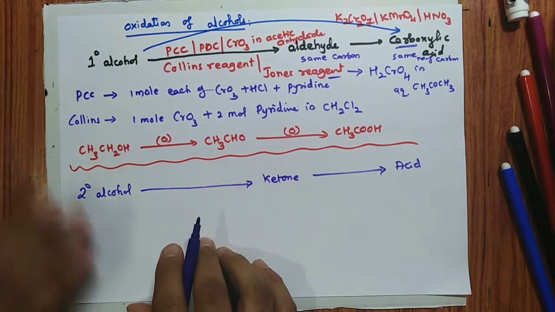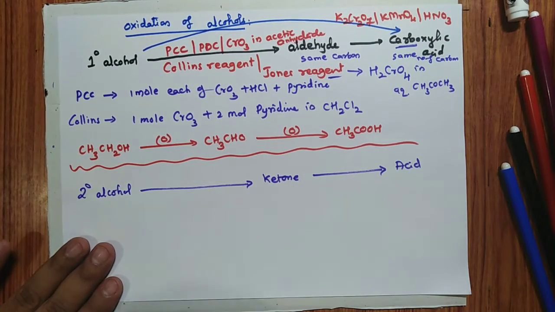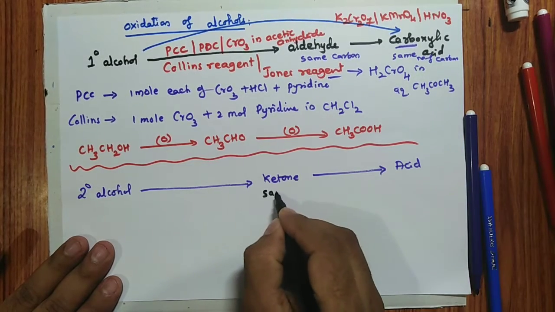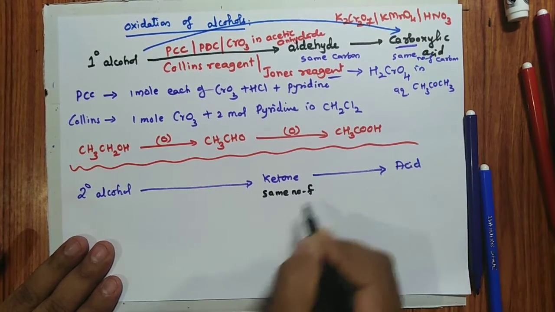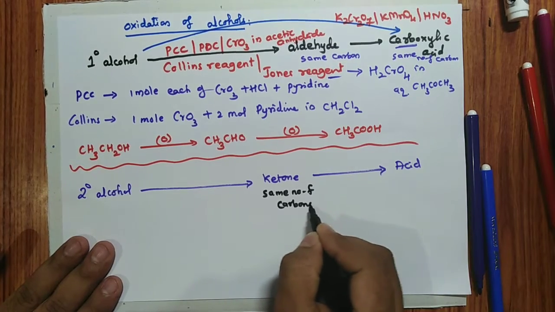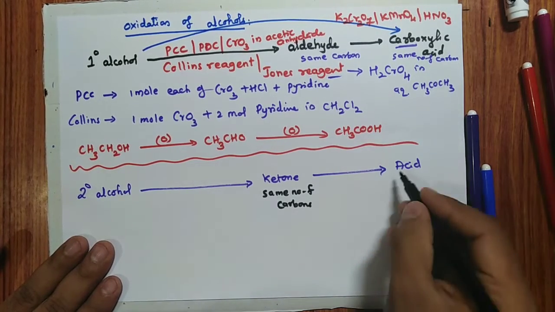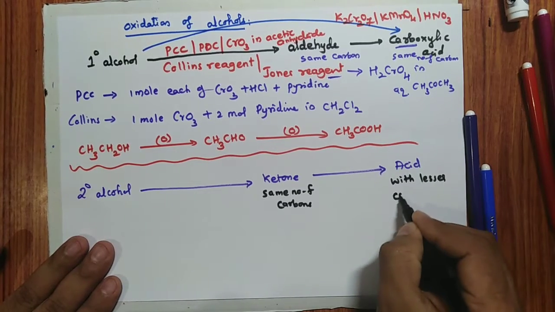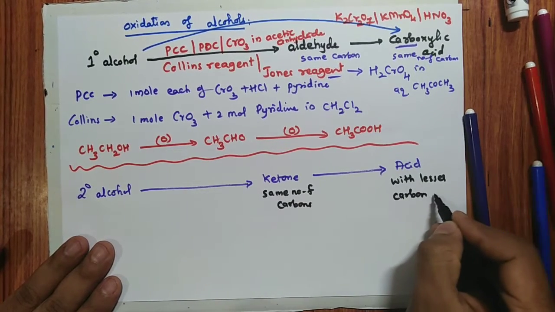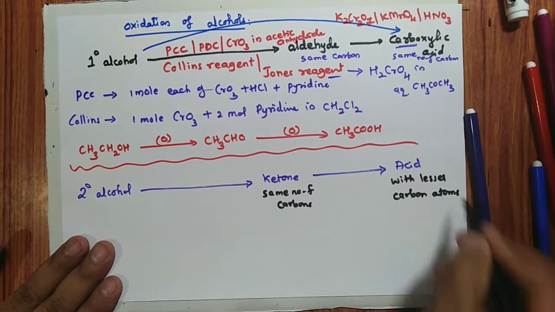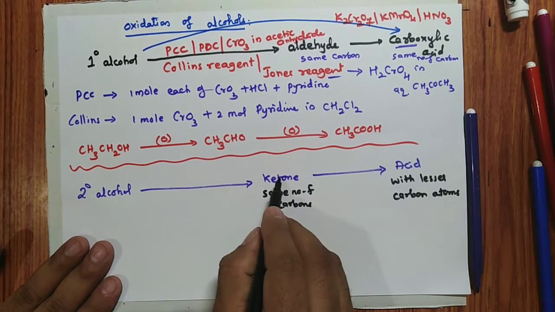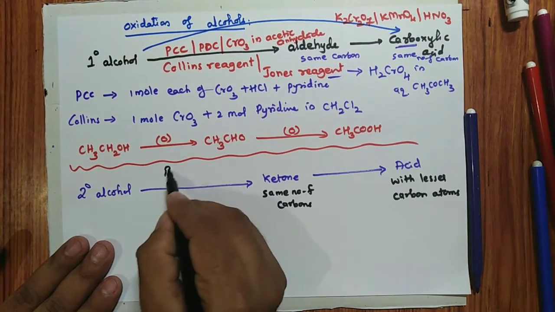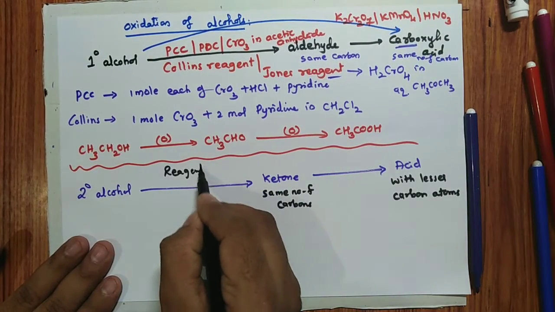That is very important to remember. But here, the ketone has the same number of carbon atoms, no doubt, but the acid you are going to get has a lesser number of carbon atoms. Very important. And this conversion takes place with all the same reagents as above.